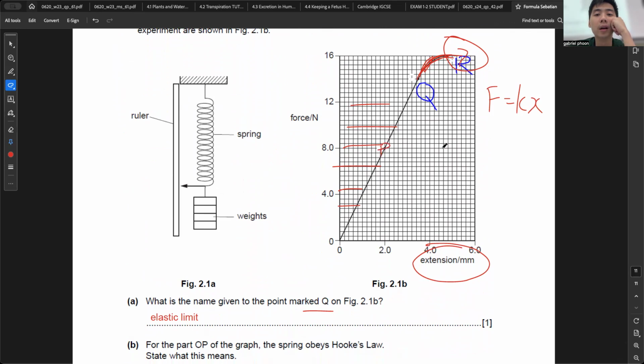I converted it to meters, which is basically 0.002. And since point P is at the force of 8 newtons, I apply the formula k equals F over x. So it's 8 divided by 0.002, which gives 4,000 Newton per meter.